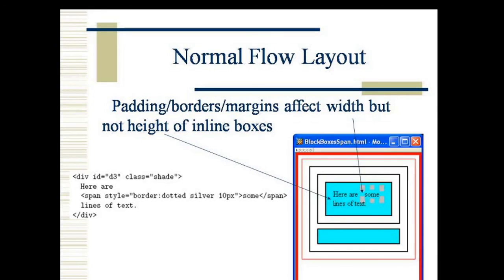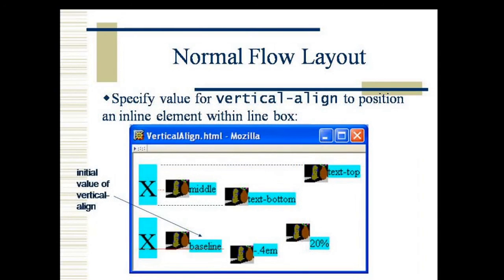You can change the width with the help of padding, borders and margins, but you cannot change the height of the inline boxes. You can specify a value for vertical align to position an element within the line box. This vertical align is the vertical alignment of a particular element with respect to its outer box, the parent box in which it is positioned.